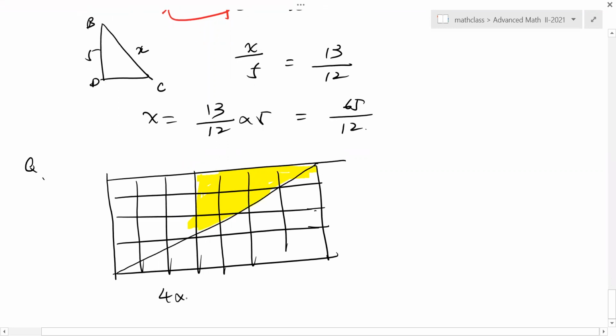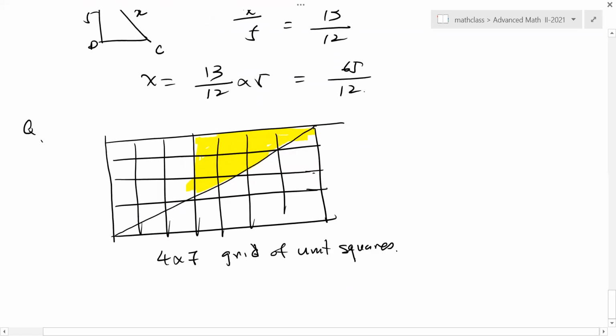So this is a 4 by 7 grid of unit squares. This means this side is going to be 4, this side is also 4, and this is going to be 3.